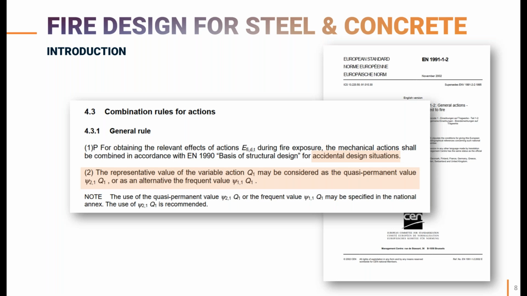Then the structure should be able to resist the loads calculated under this accidental situation, for what we call a fire resistance time, denoted with the letter R. And after this letter, the required time is defined in minutes. I will show you this later during the example.